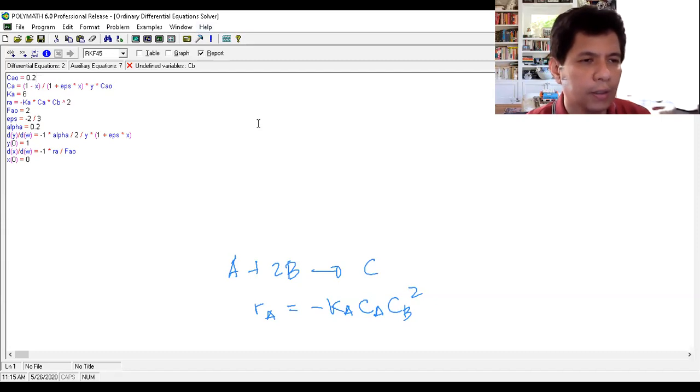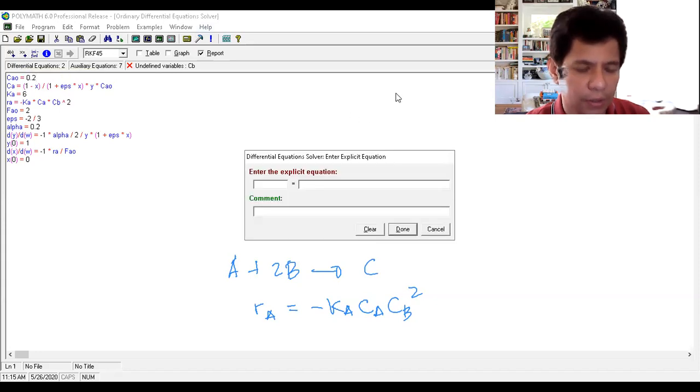Okay, and then we also need an equation for CB. So we'll enter another explicit equation, this time for CB.